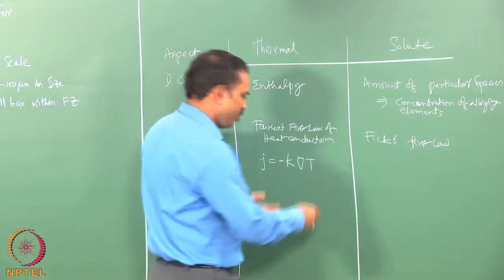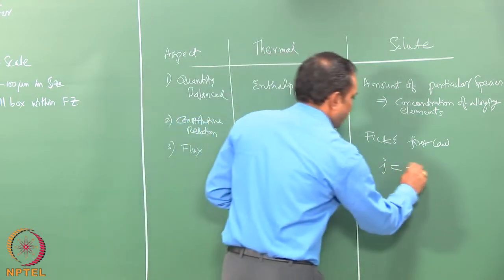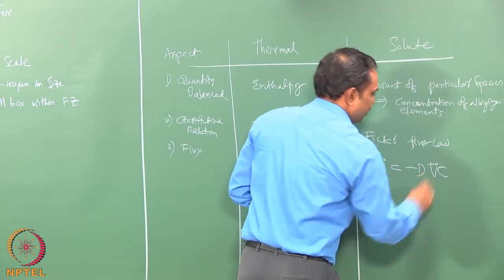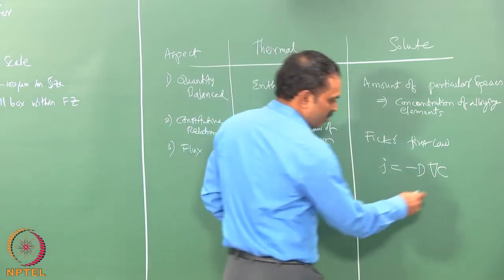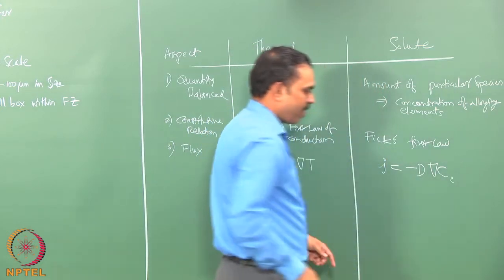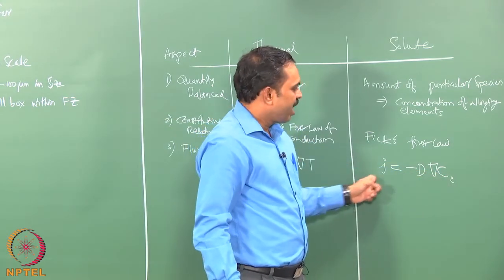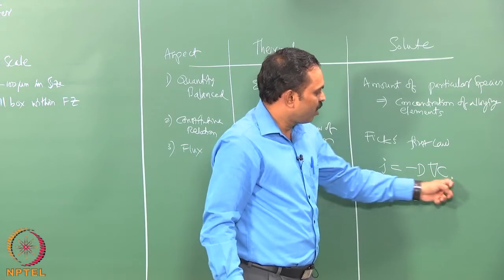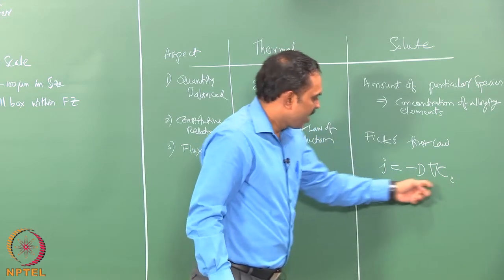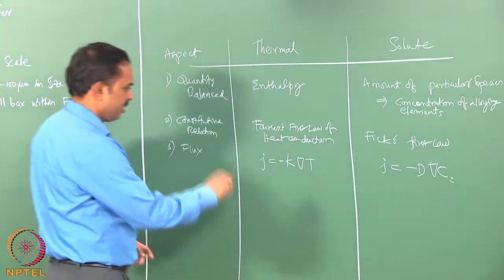And in the case of solute you would write a similar expression: the mass flux is given by minus D into grad of C, where C is the composition of that particular alloying element we are talking about. You could actually put i to indicate for what species you are writing this equation, and you would have multiple values of D with respect to how many alloying elements there are, and for our analysis we will just take one element in the domain.